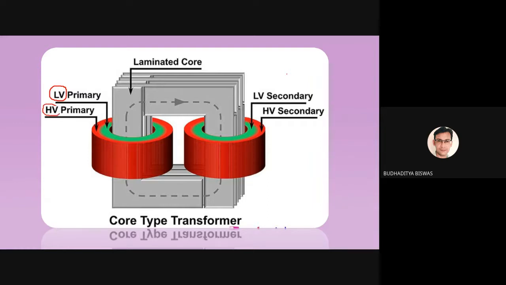In which winding is the current more? Low voltage winding means where the voltage is low, and high voltage winding means where the voltage is high. Sir, in low voltage winding, the current is more.